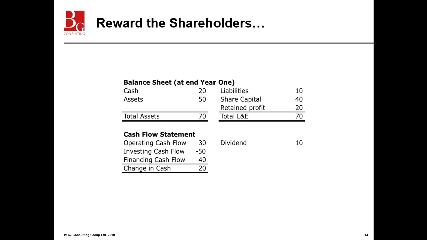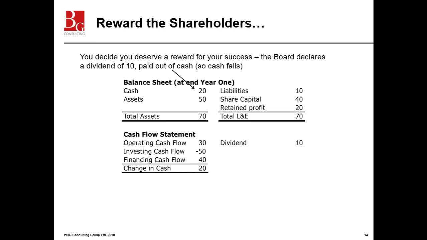Well, let's say the next thing is to reward the shareholders. You decide to declare a dividend of 10, which will be paid out of cash. You can see in our balance sheet the cash then reduces from 30 to 20. And the retained profit also reduces from 30 to 20.